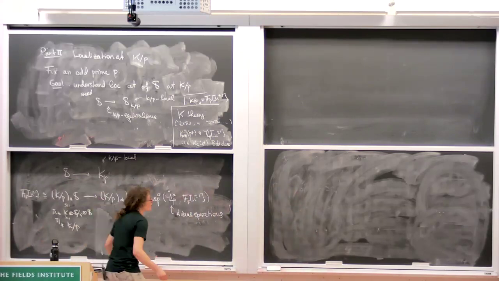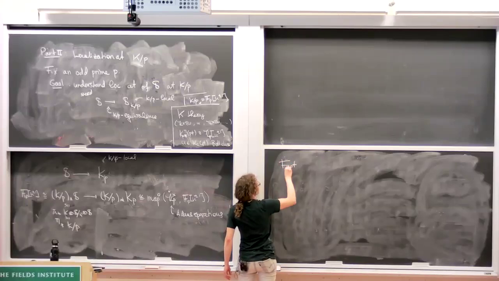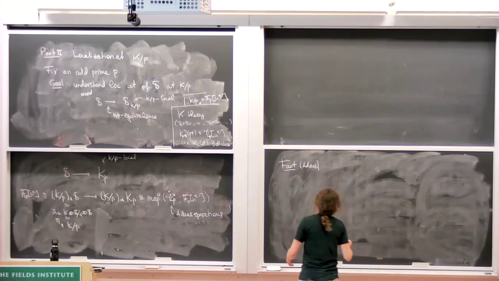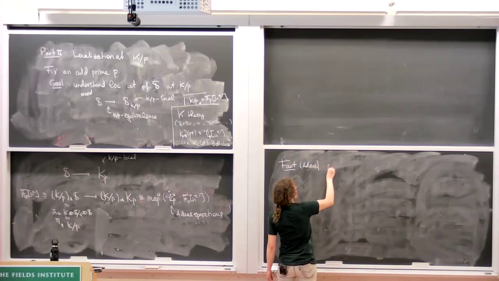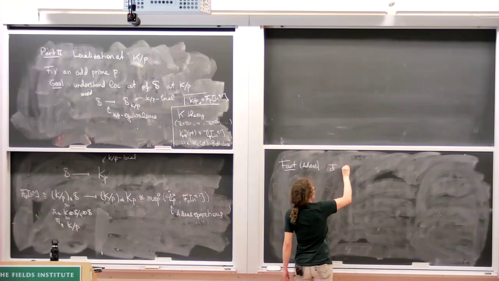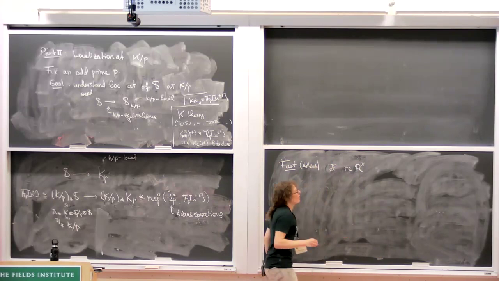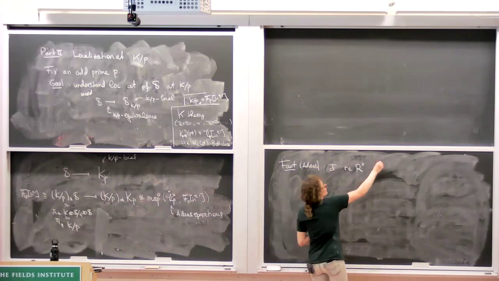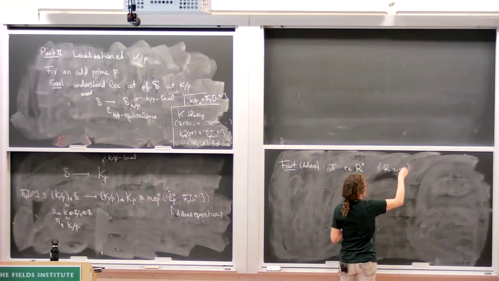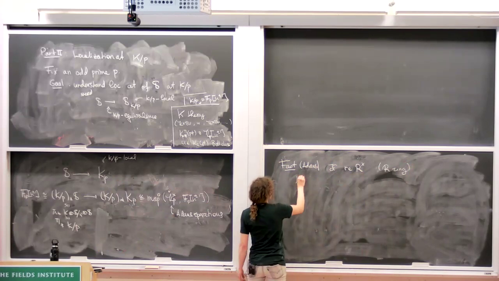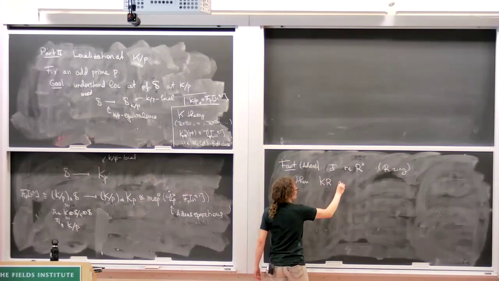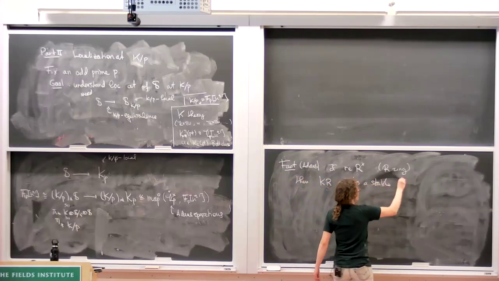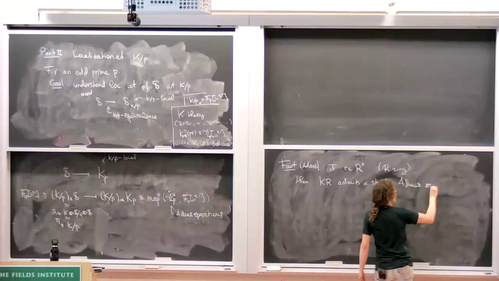So here's a fact, and this is in Adams' Blue Book, I don't know if it's in the book: if you have some element that's a unit in R, where R is just a commutative ring from algebra, then KR admits a stable Adams operation.